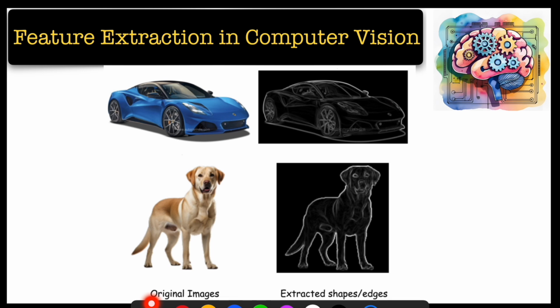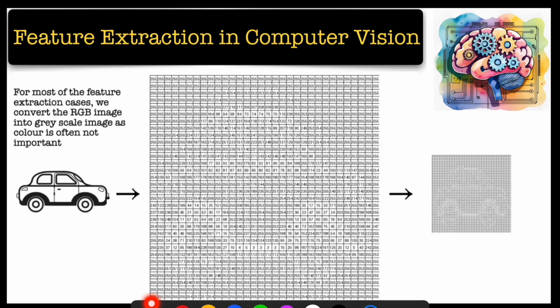We only extract the important features for a particular task, and in most cases for images, shapes or edges are enough. For most feature extraction cases, we convert the RGB image into a grayscale image, as color is often not important. If there is a computer vision task where color or other features are important, we'll extract those features based on that.